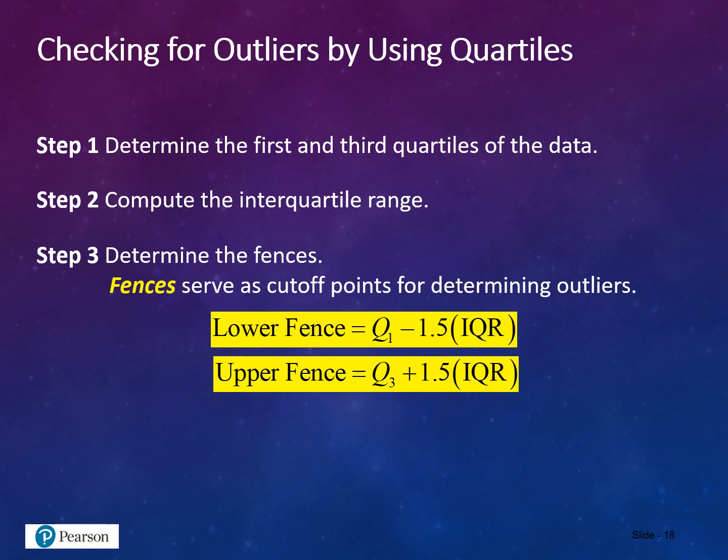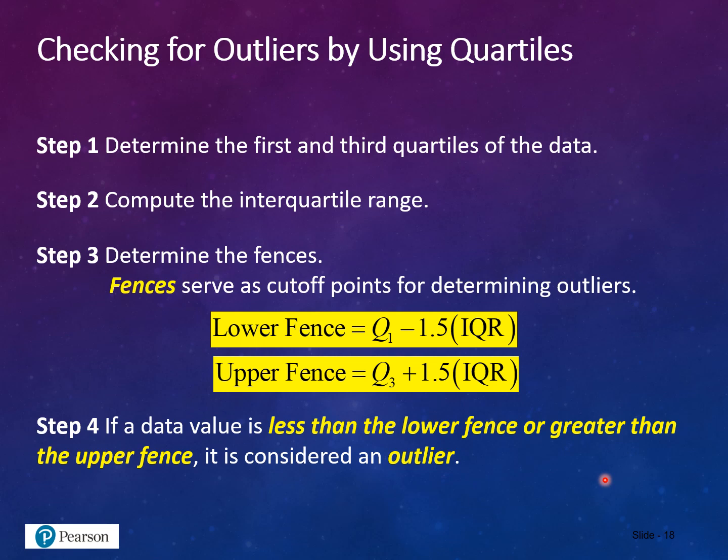And so our lower fence is the first quartile minus 1.5 times the IQR, whereas the upper fence is the third quartile plus 1.5 times the IQR. Then once we have this data, what we're looking for is any values that are less than the lower fence or greater than the upper fence. So those values that are below the lower fence or above the upper fence, these are what we would consider to be outliers.